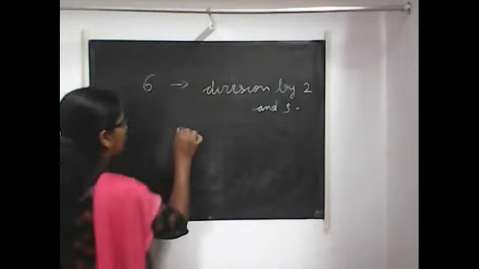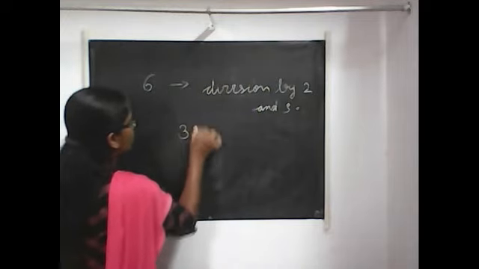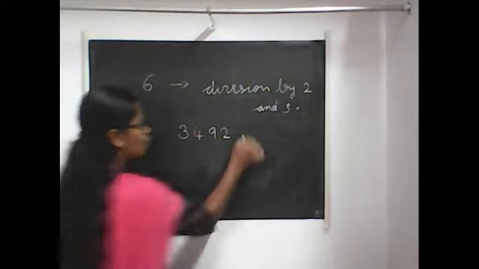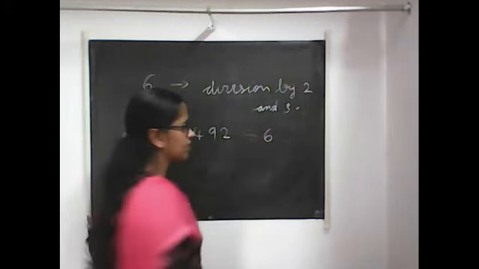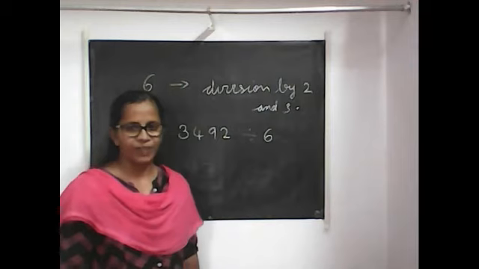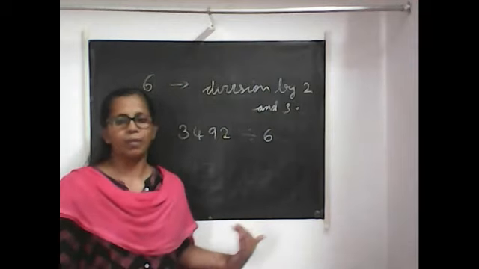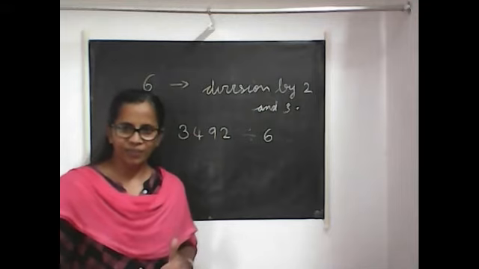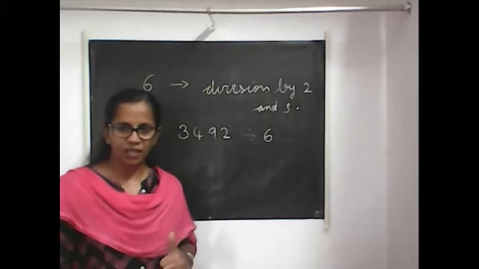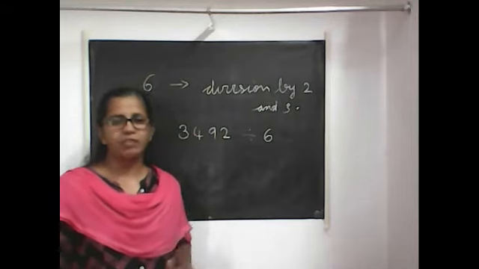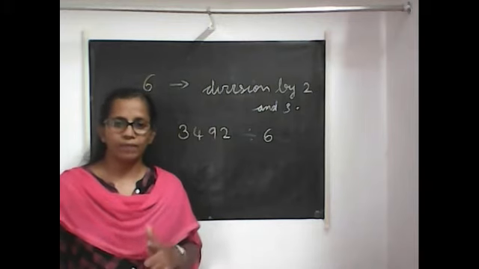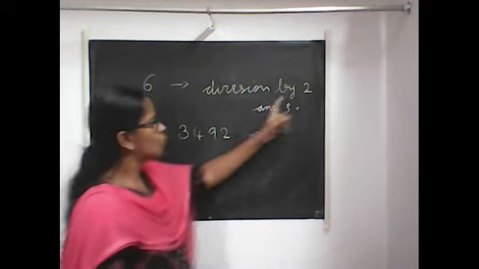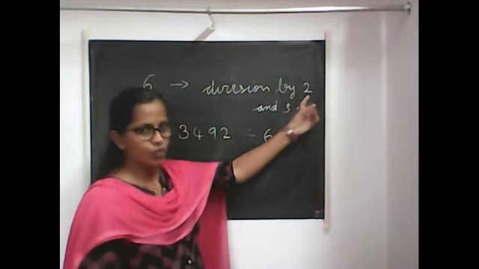For example, 3492. This is the number given. You have to check whether it is exactly divisible by 6. What is the condition? It should be divisible by 2 and 3. So what you have to do? First, you have to check whether it is divisible by 2.